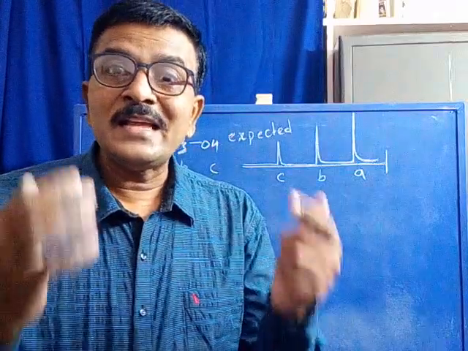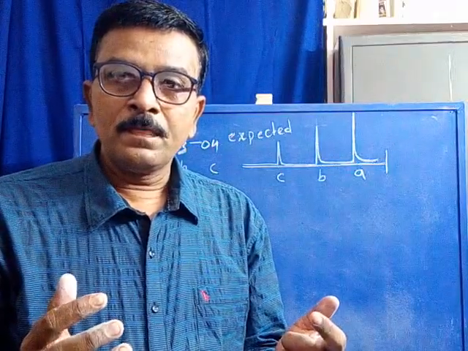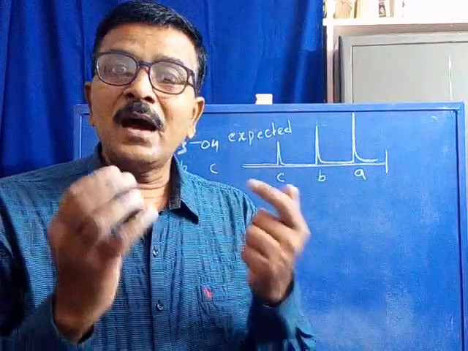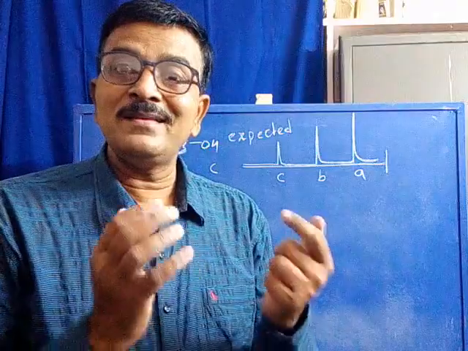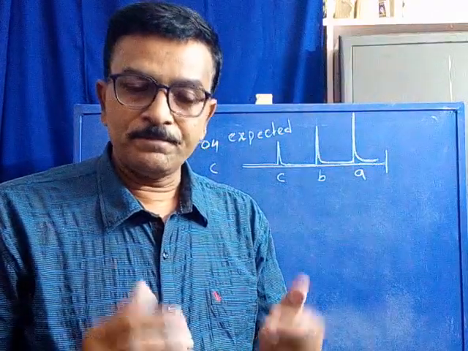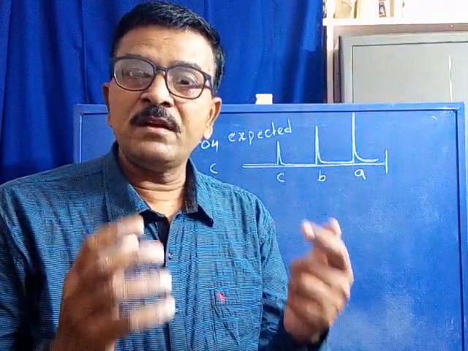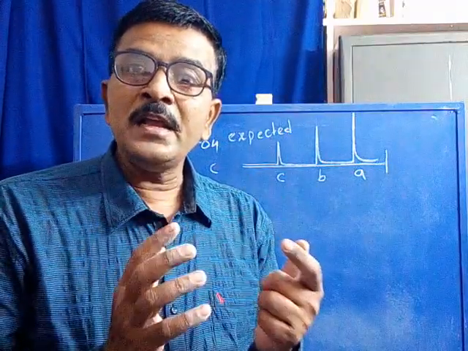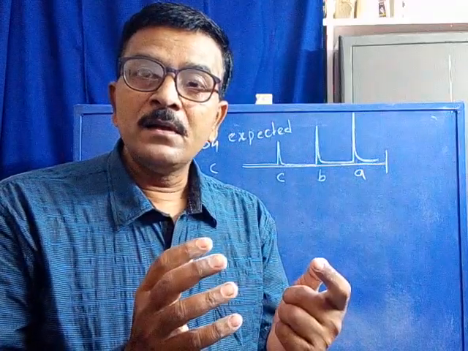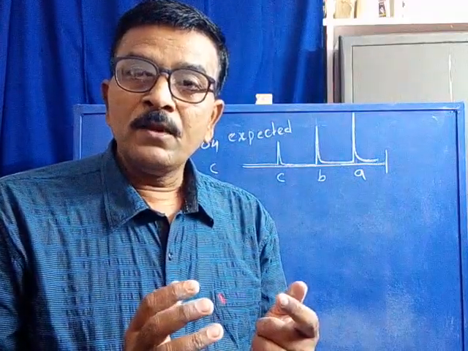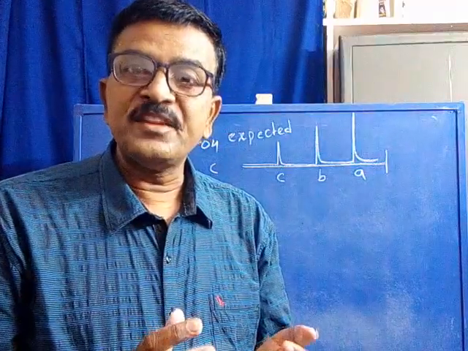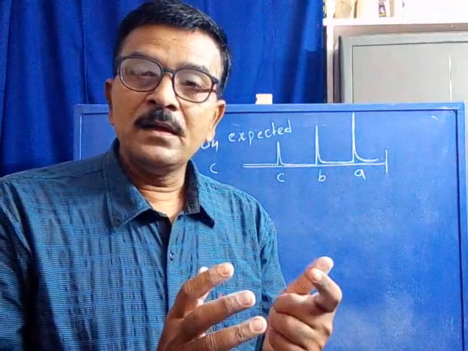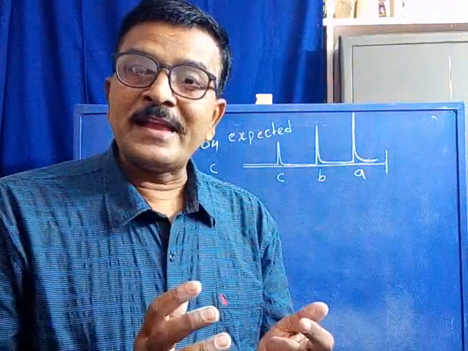The signals expected from each set of equivalent protons are not normally appearing as a single line, but appearing with more than one line. The signals from every set of equivalent protons appear with more than one line.